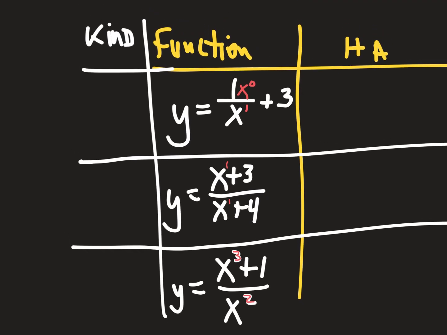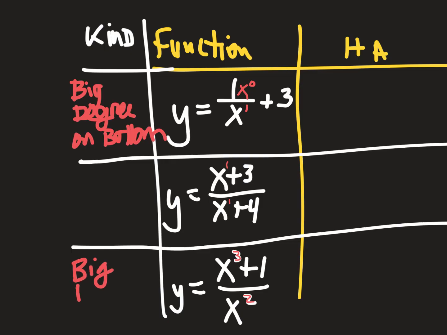All right, that first kind, it's bigger, write this out, degree on the bottom. The one on the bottom is the big degree, is on top.